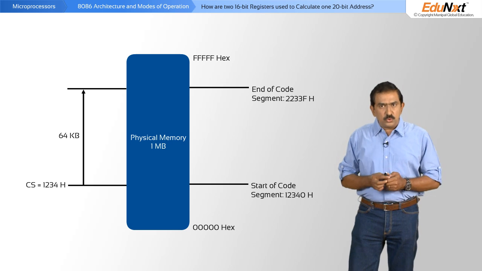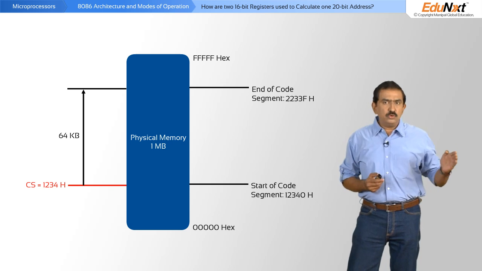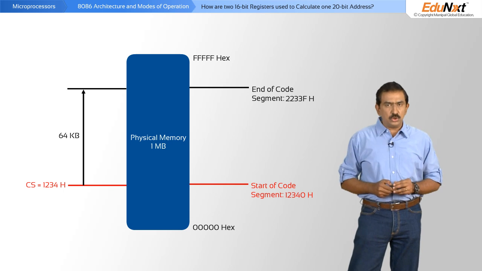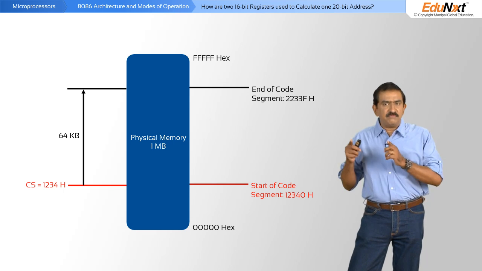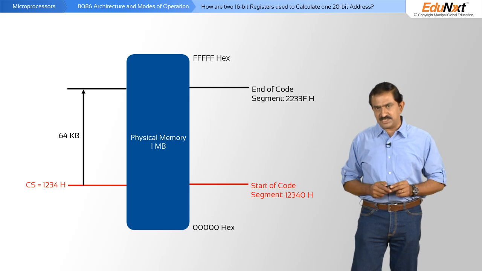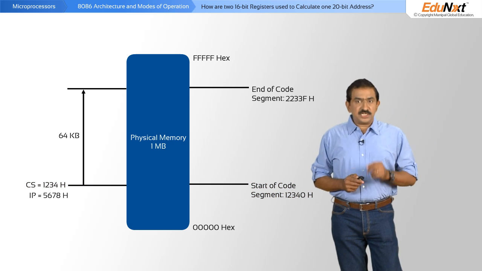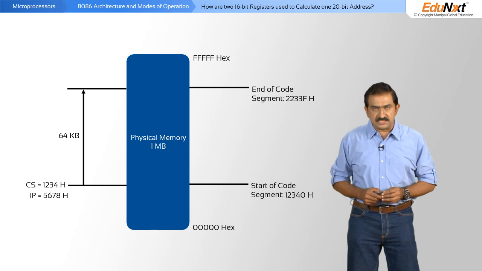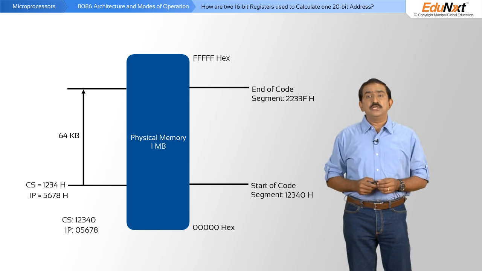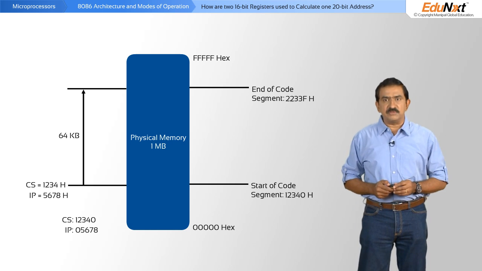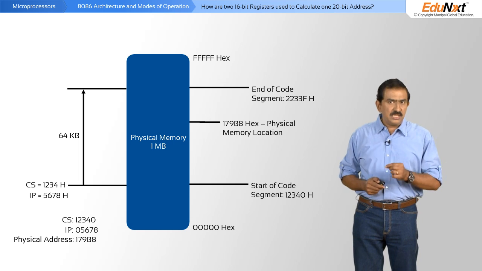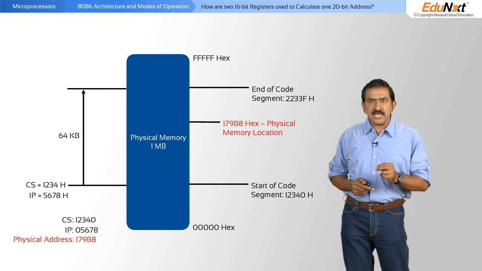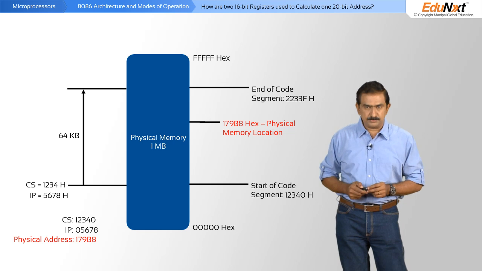So what you are really doing is shifting the value in the code segment register by 4 bits to the left, padding it with a 0 to calculate the physical address of the start of the code segment. The instruction pointer, in this example pointing to 5678 hex, is then added to this shifted code segment value to get the final physical address location of 179D8 hex.